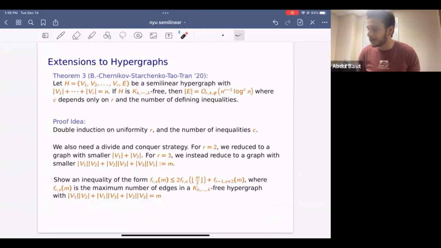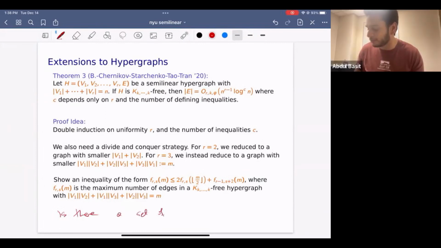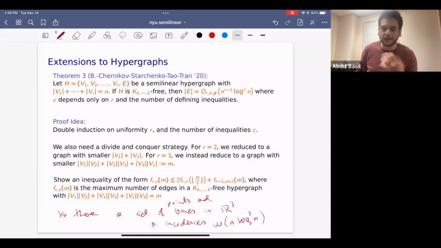So here's a question on that. Can we find a set of axis-parallel boxes in 3 dimensions, points and boxes, or a family of sets in R3, where the number of incidences is strictly bigger than n log n? I think I mentioned this somewhere. Maybe it should be this, I don't know.